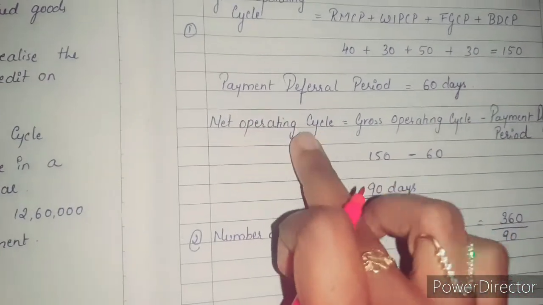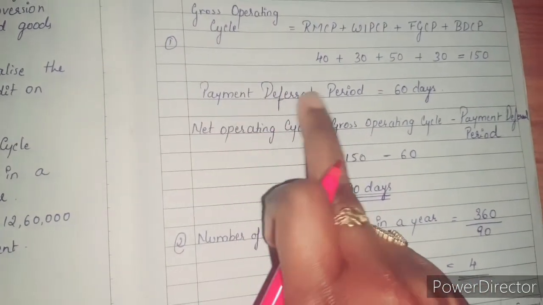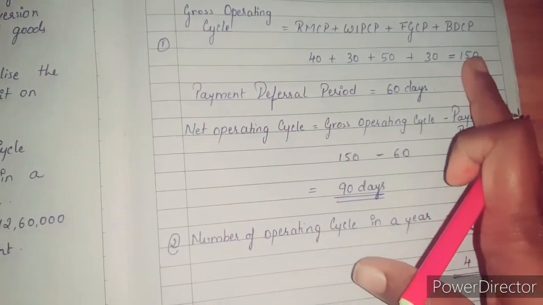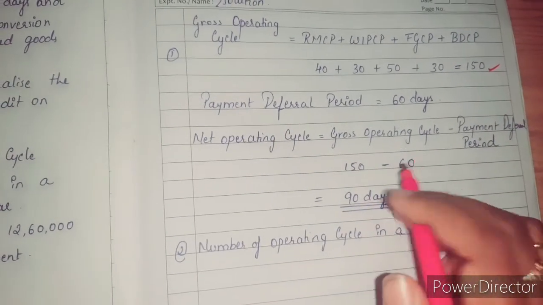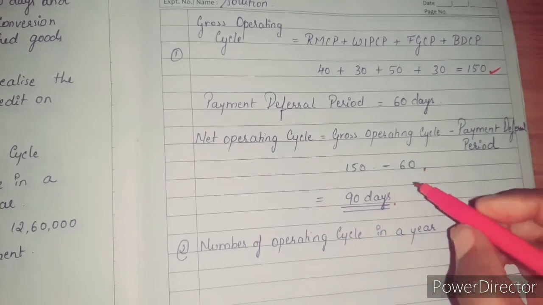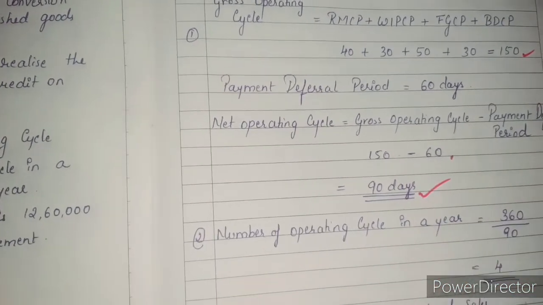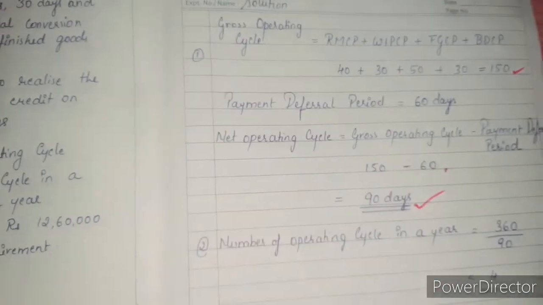So net operating cycle is equal to gross operating cycle minus payment deferral period. Gross operating cycle total is 150. So 150 minus 60 is equal to 90 days. So we got net operating cycle.